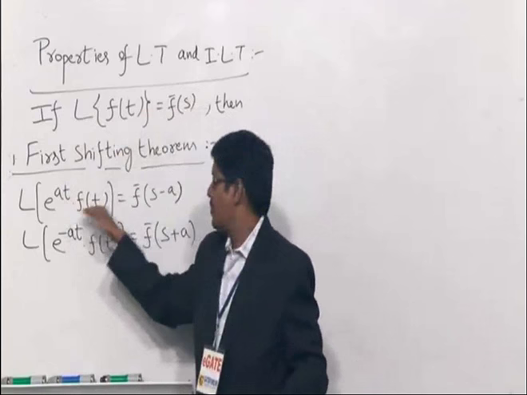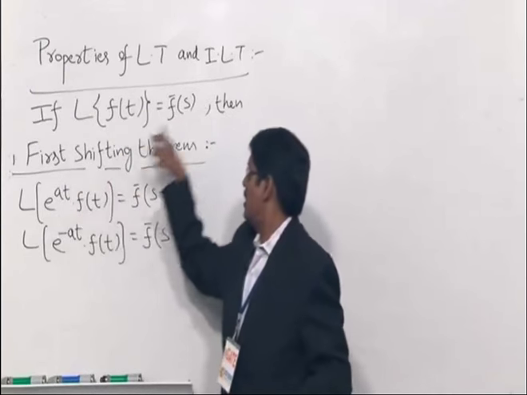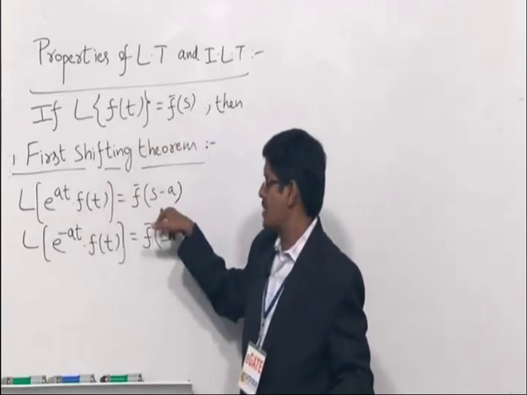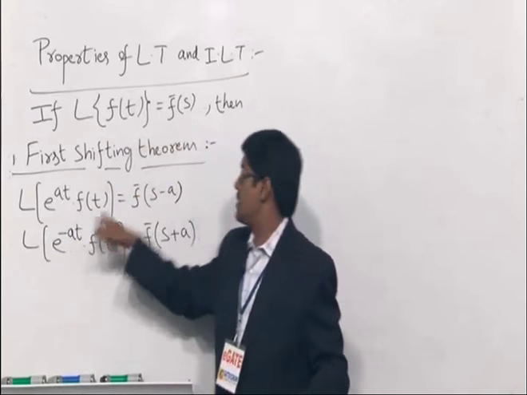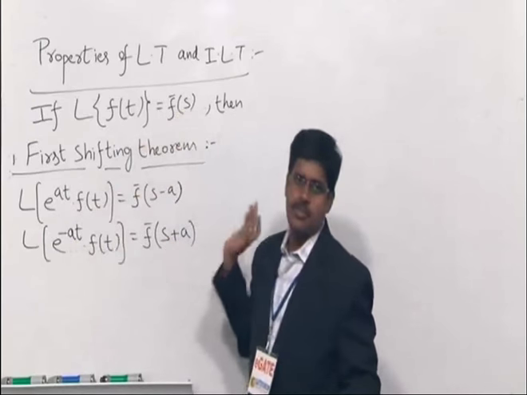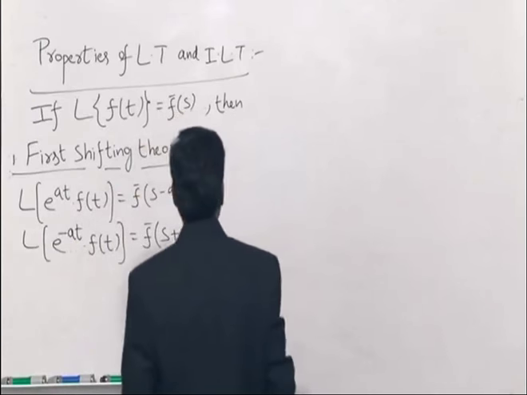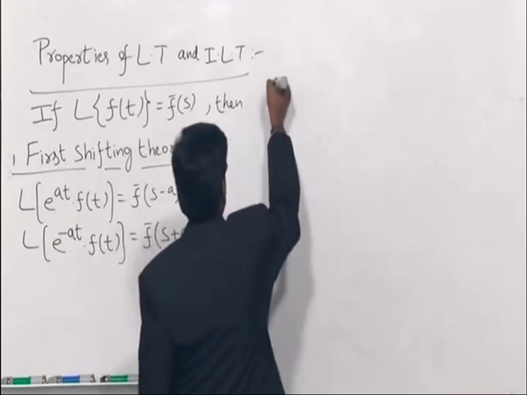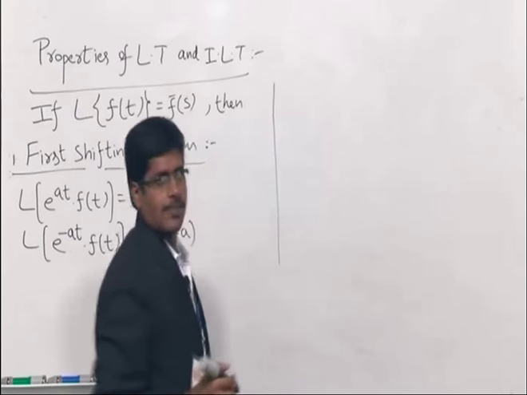Then come to your problem. If it is multiplied by e power at, s is replaced by s minus a. If it is multiplied by e power minus at, s is replaced by s plus a. Here I am giving the inverse also, side by side with the properties.